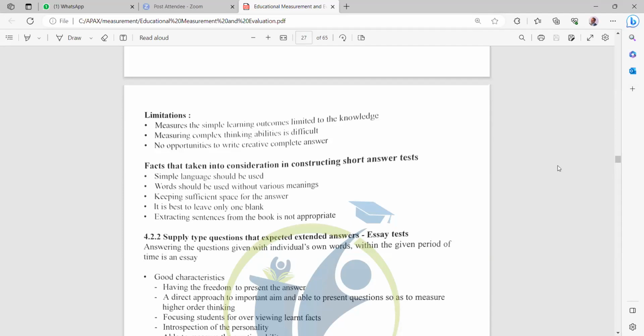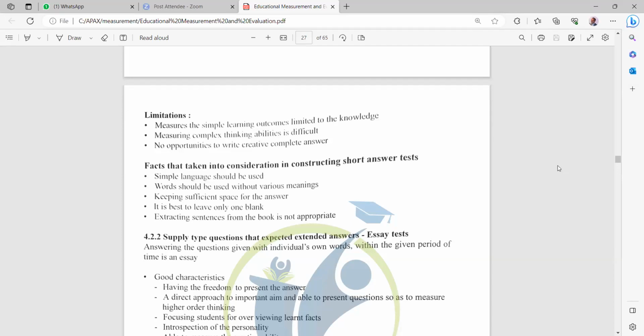Extracting sentences from the book is not appropriate. Especially in reading texts, if you give a reading exercise or a reading test, the students can read the passage and provide the answer. But at the same time, if they can directly take a meaningful chunk, several sentences from the text itself, and copy it as the answer, that's not a good question anyway.